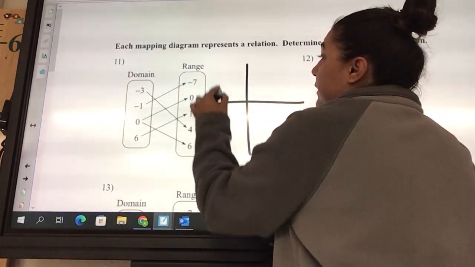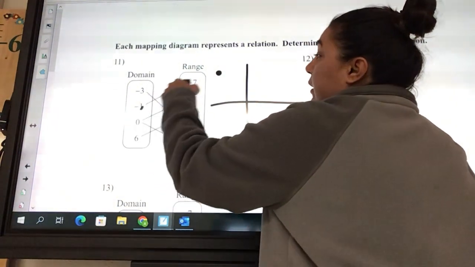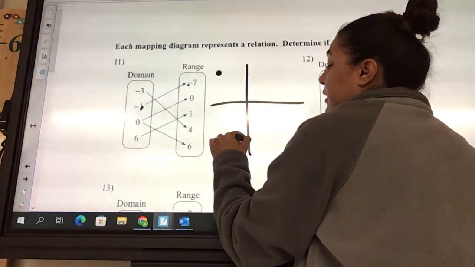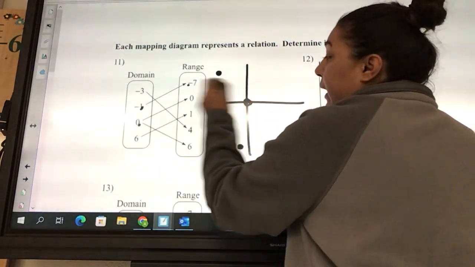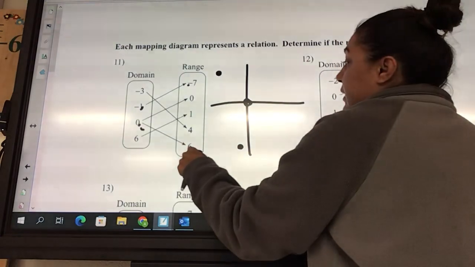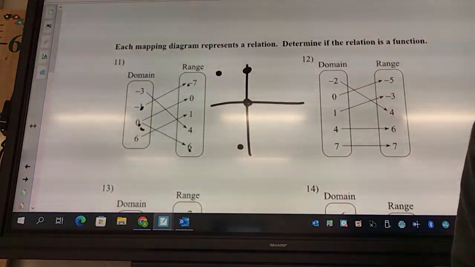Okay, so your point is -3, 4. Okay, and then we got -1 goes to -7. So it's going to be somewhere down here. And then I have 0 goes to 0, and 0 goes to 6. Okay, would that pass the vertical line test?